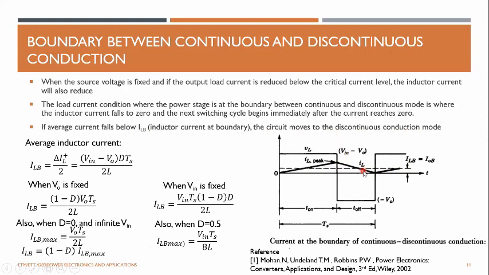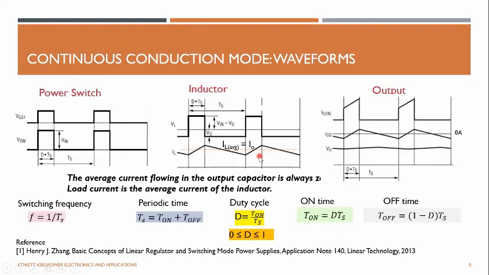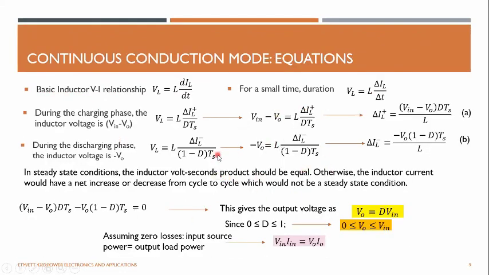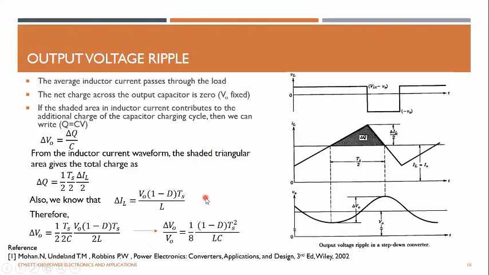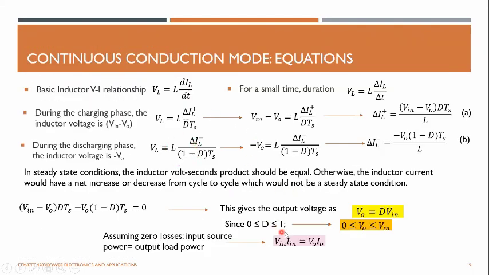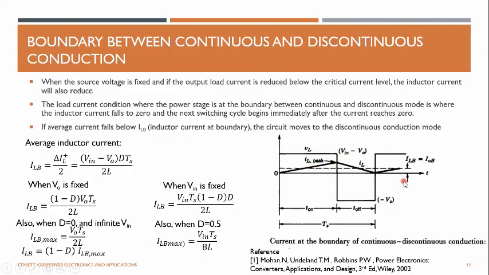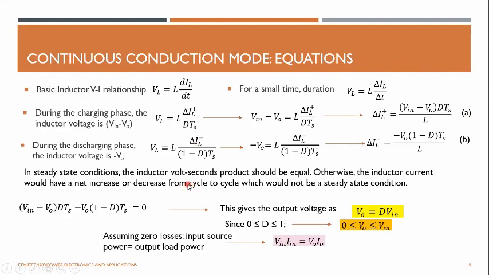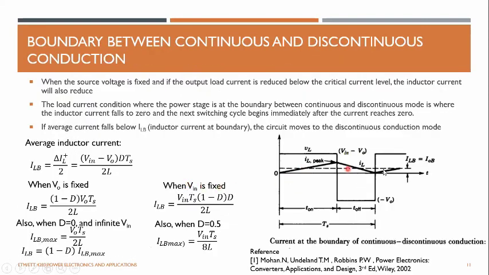So this operation completely goes to a different state. All the equations we have derived here are not valid anymore. This equation is valid, but these equations are not valid anymore if you move to the discontinuous mode. At the boundary, all the equations we have discussed are valid, right? Because it still doesn't go to a dead time.